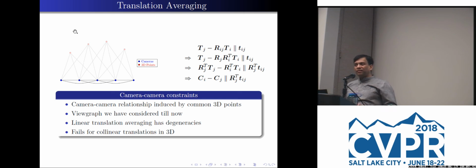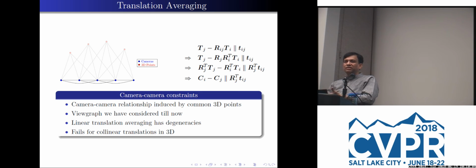And if you think about it for a moment, in a projective sense, there is nothing to distinguish camera centers and 3D points from each other. Okay, so you can embed them into a uniform way of looking at them.